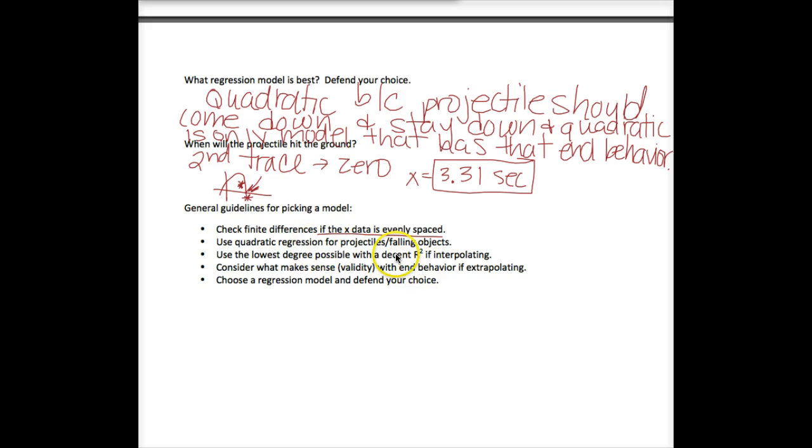But if you have lots of decent r-squareds, you generally want to use the lowest degree possible, which we did here with the quadratic. That's if you're interpolating. If you're extrapolating, meaning using it to predict the future, you want to make sure you focus on the end behavior, what's valid for the model over time.